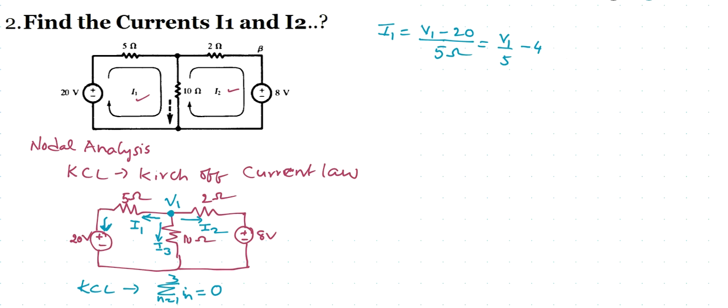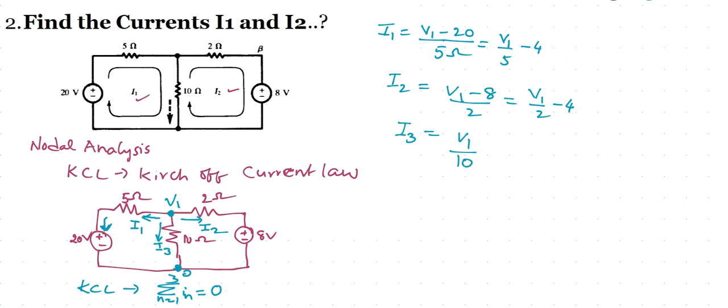Now I am writing the equation for I2. I2 is (V1 minus 8) by 2, which we can split as V1 by 2 minus 4. For I3, there is no voltage here, so this is the 0 reference, and I3 is V1 by 10 ohms.